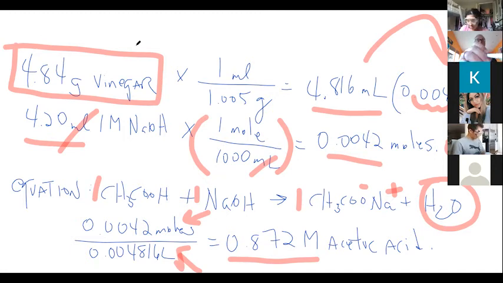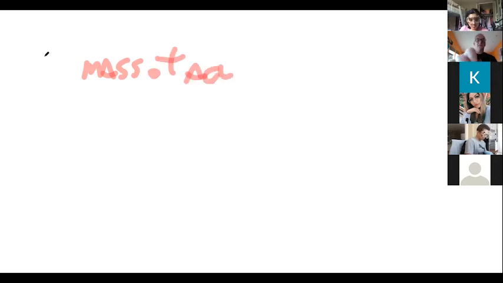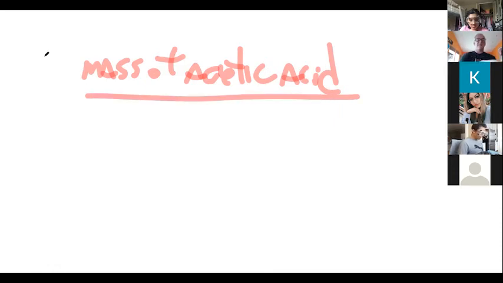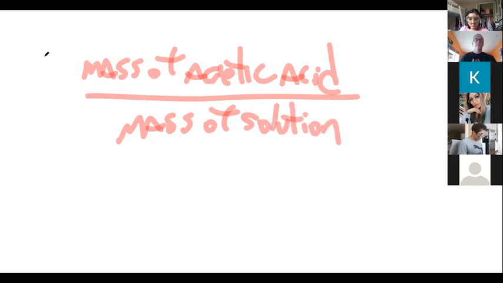So what does mass percent mean? It means mass of acetic acid over mass of solution, and then multiplied by 100.